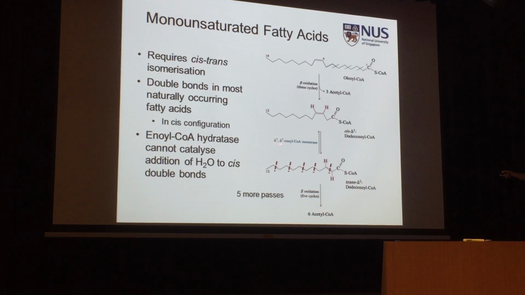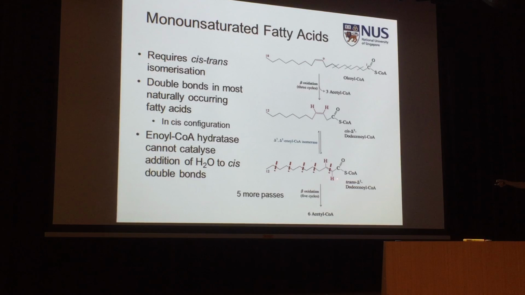Now the name of this isomerase tells you what it will become. It becomes a C2C3. What it does basically is to move this double bond to this position. 1, 2, 3, 4. Now it's 3, 4. So the isomerase will come in and move the double bond to 2 and 3, and then swap the configuration from cis to trans.